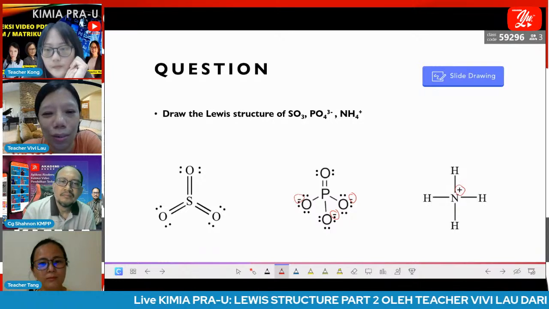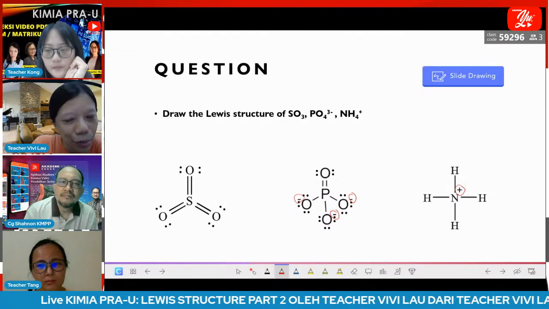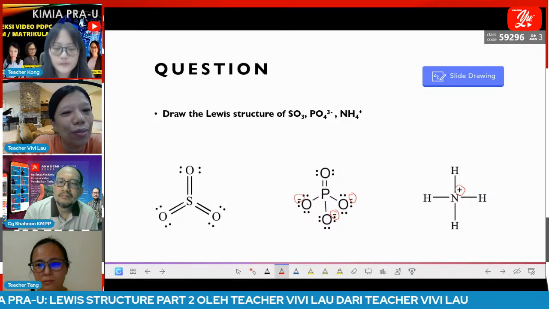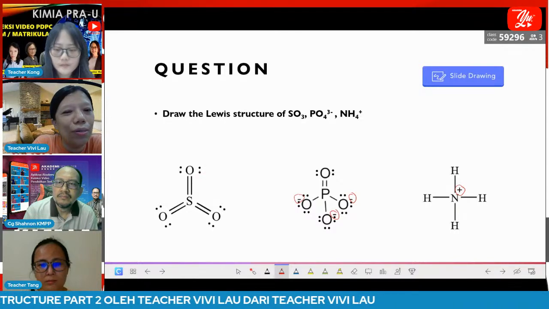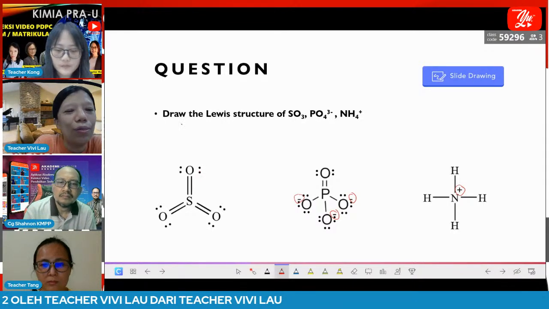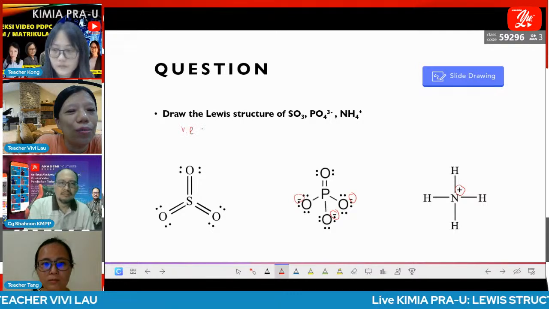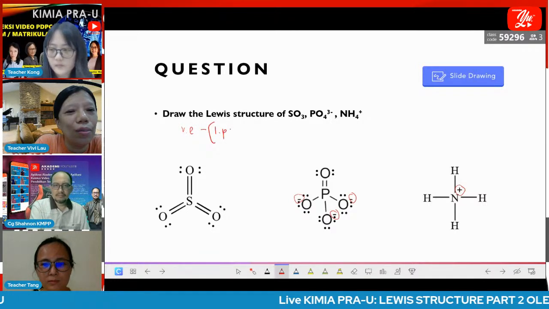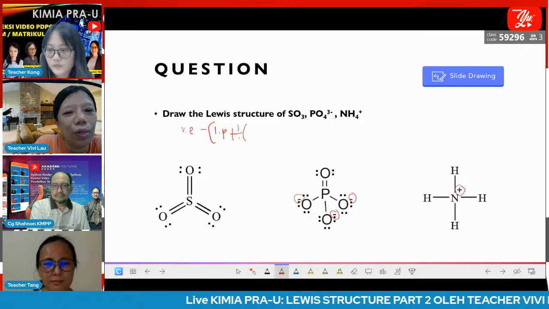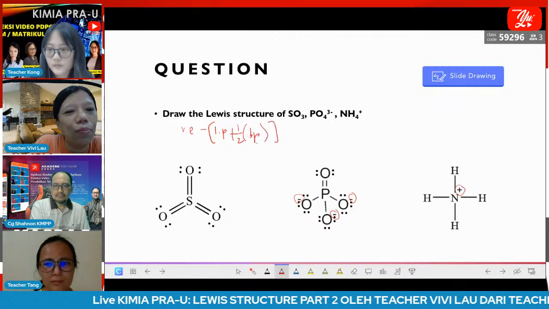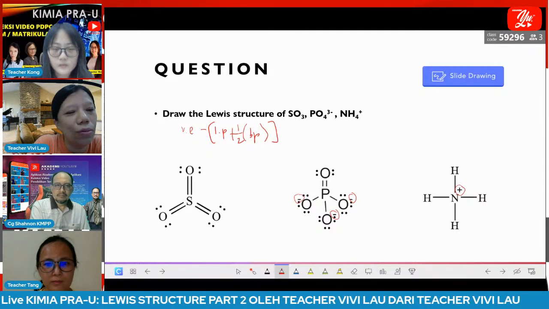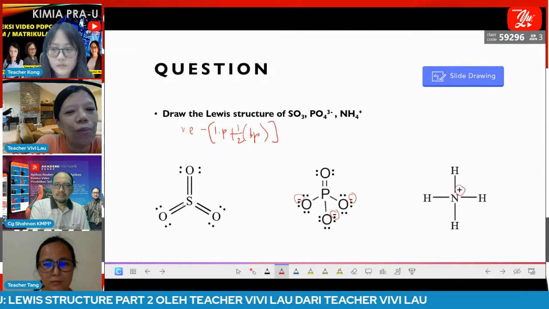Okay, so we can try to calculate the formal charge. The formula is like this, if you forgot: number of valence electrons minus the lone pair electrons plus half the bonding pair electrons. So count like this: 2, 4, half, 2, 4, 6.